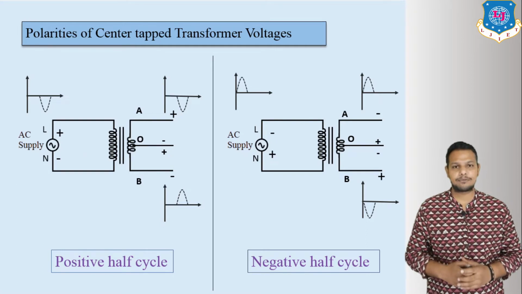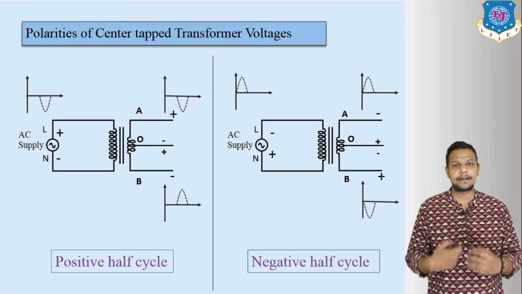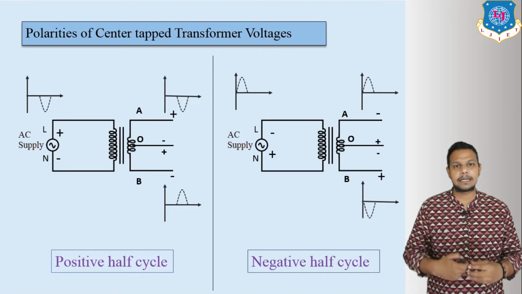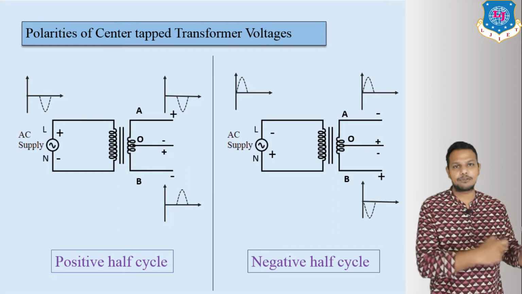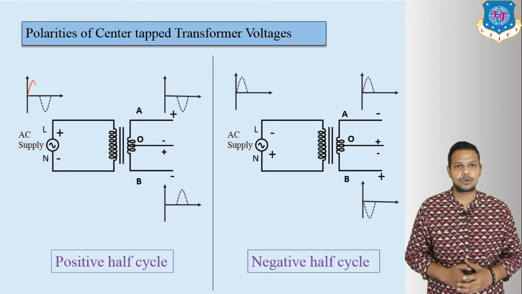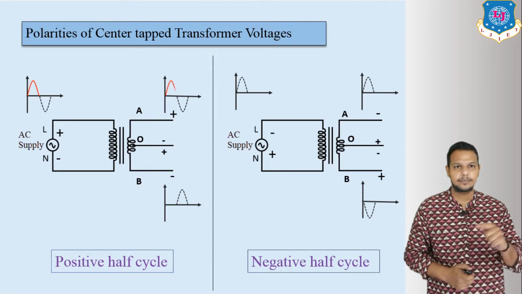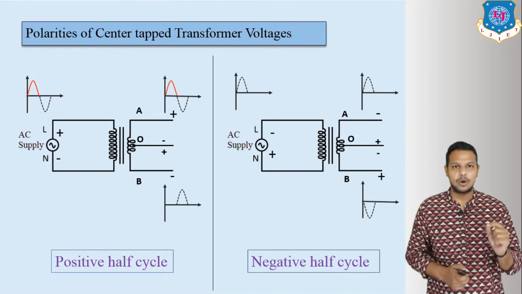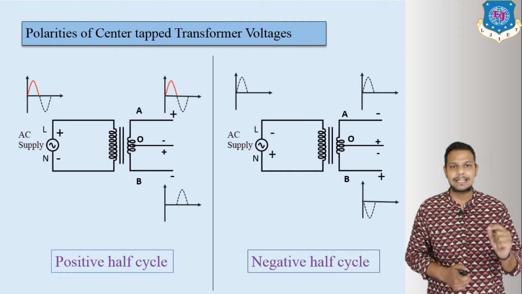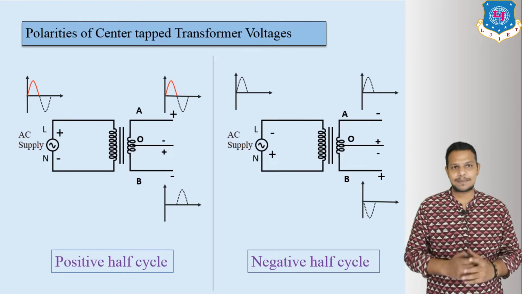Let us discuss the positive half cycle first. Whenever we enter the positive half cycle at the input side, what will we get at the output side? If we enter this positive half cycle, we will get the same polarities at VAO, the positive half cycle.